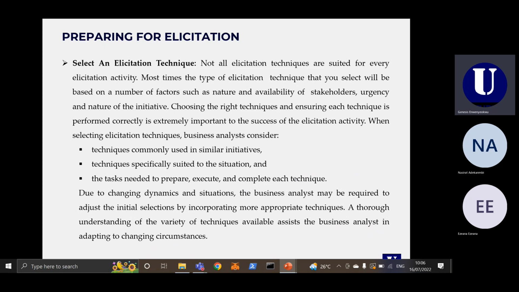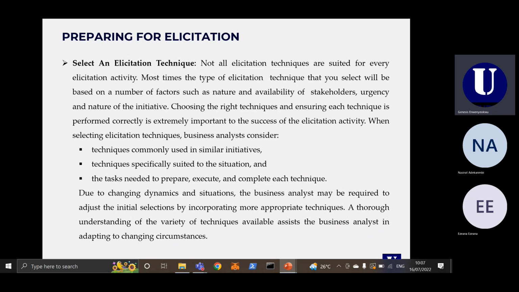You can use those same techniques for Access Bank, or you can even use techniques specifically suited to the situation. So even though we have done something like this for UBA Group and for Zenith Bank, we can see that for one we probably need an on-site implementation, but this one might be a virtual implementation. Then you have to use a technique that is suited for that specific situation, which is a virtual one, right?